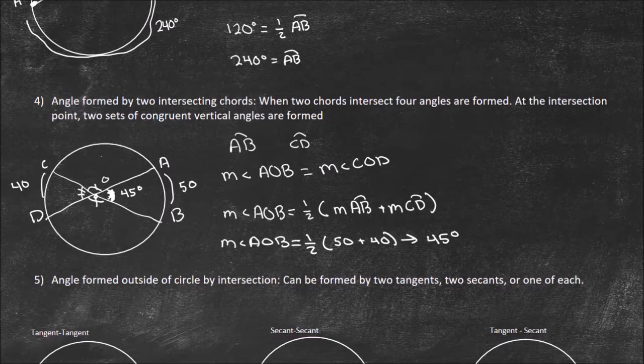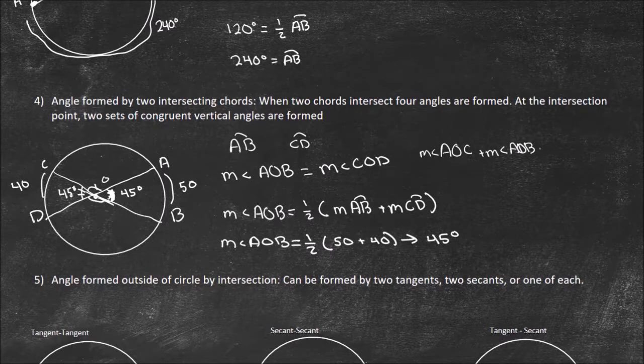And then you can take it to the next step. If I know AOB, then I know COD is 45. If you know that this is 45, you know that these two have to add up to 180. The measure of angle AOC plus the measure of angle AOB need to add up to 180 because they form a straight line.